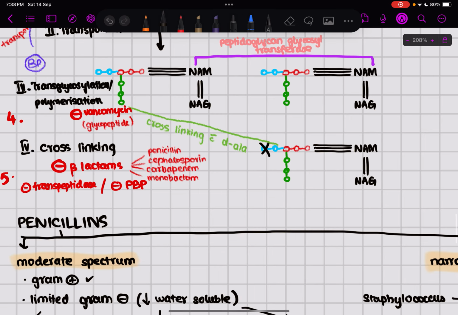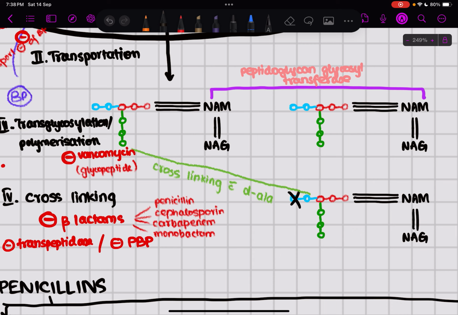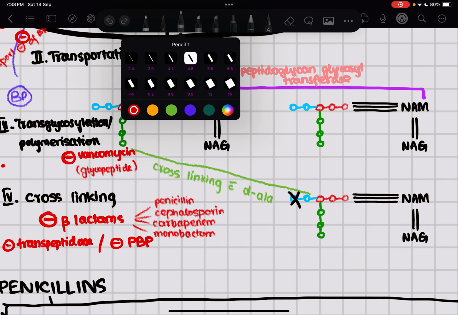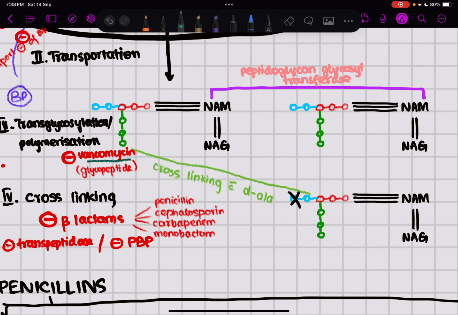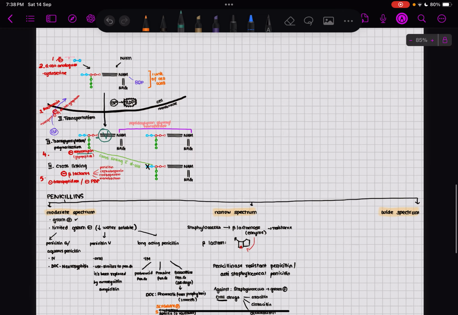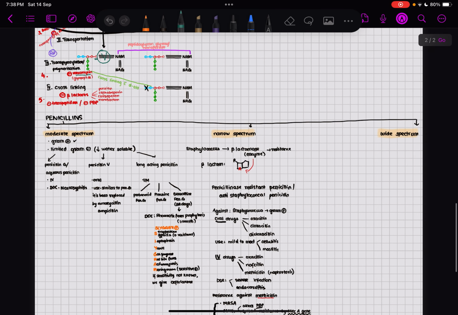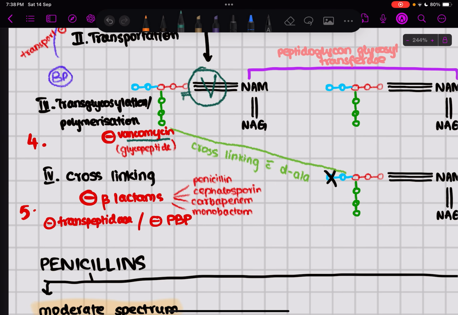Vancomycin acts by binding nearby to the D-alanine, that is here. Vancomycin is a really big molecule. Let us consider this to be vancomycin. It wants to bind near to the fifth D-alanine, that is the last one. Sorry, this is the last one, right?